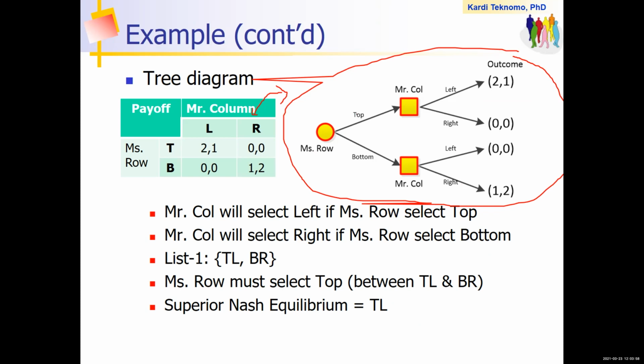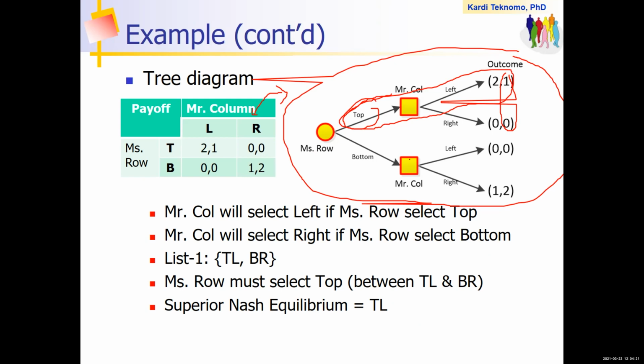If Miss Row selects top here, what will Mr. Column do? Between 1 and 0, which one is better? 1. So Mr. Column will select left. So this is the strategy that will happen.